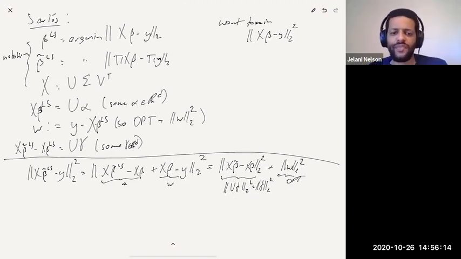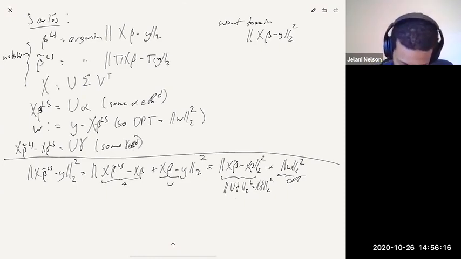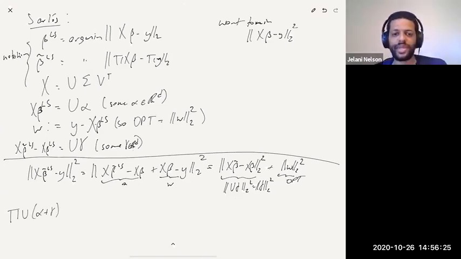First of all, let's look at pi U times alpha plus gamma. Now, what is the definition of alpha? U alpha is x beta. U gamma is minus x beta plus x beta tilde.